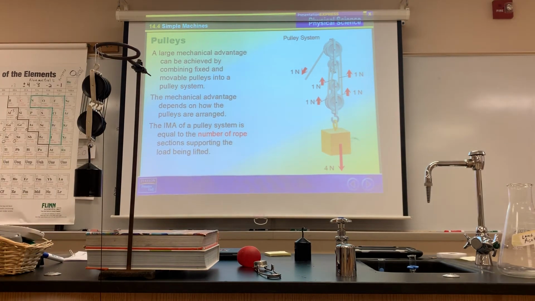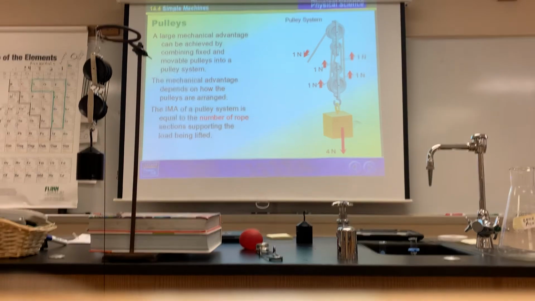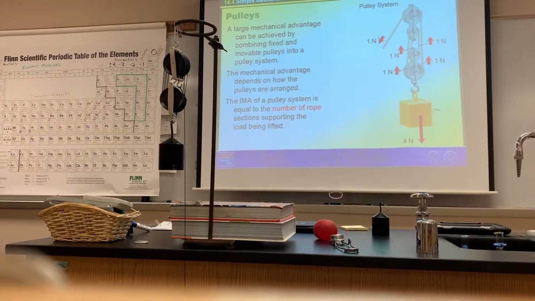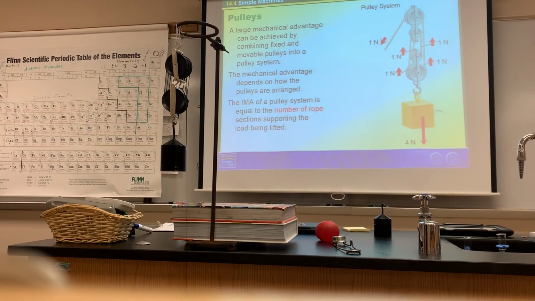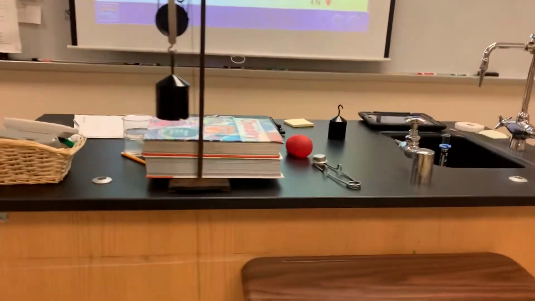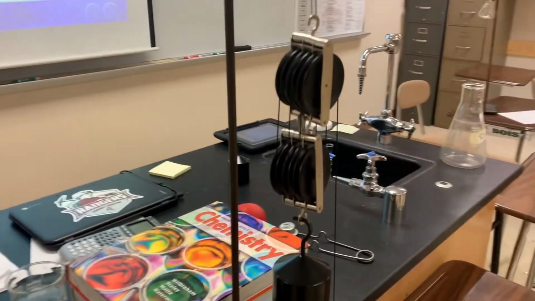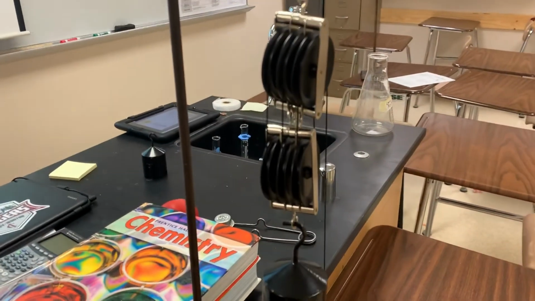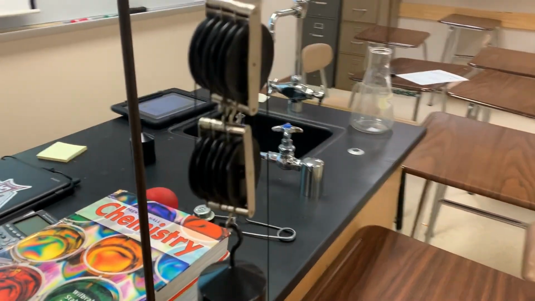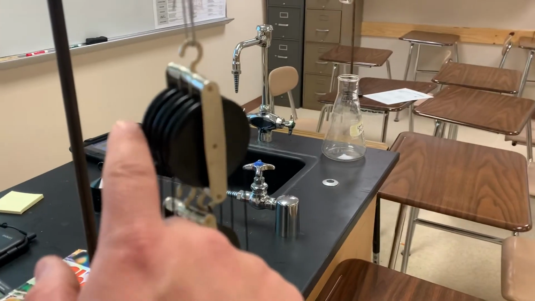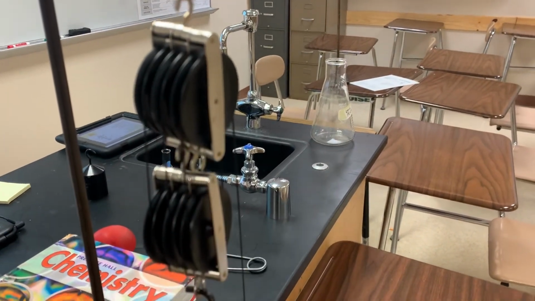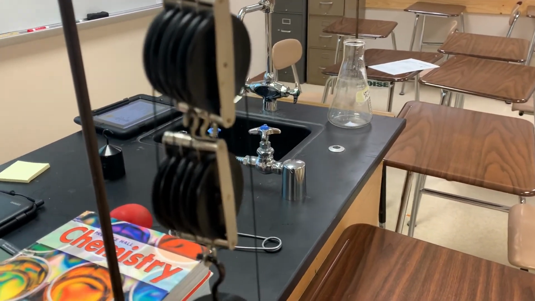I'll get the camera turned so you guys can see that a little bit better, turned towards the pulley system. So this is actually a 3 and 3. It's a triple pulley system. It's got 1, 2, 3, and then down here 1, 2, 3.